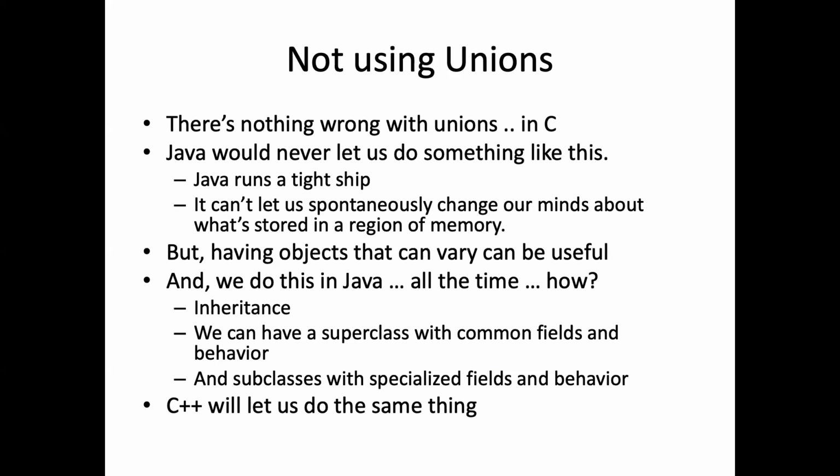If you wanted a bunch of contact information for a bunch of different people, and for some of those people you needed email address, and for some of those people you needed phone number, you'd probably make a superclass that had their name. And then you'd make as many subclasses as you needed for the different types of additional information you wanted to store.